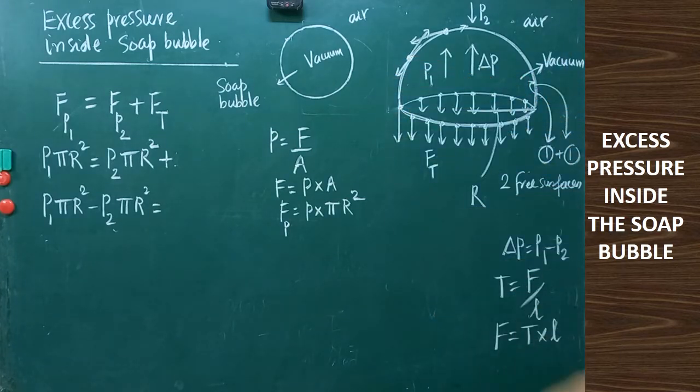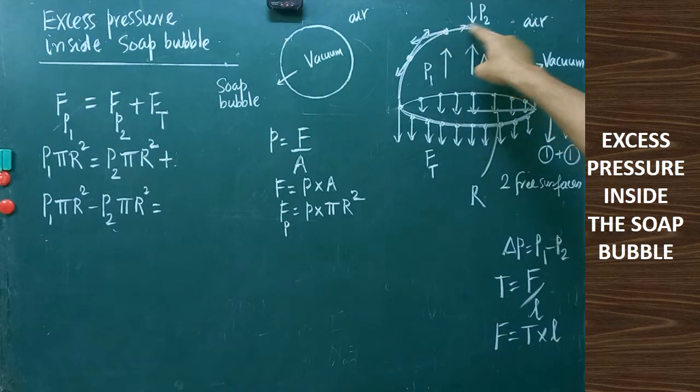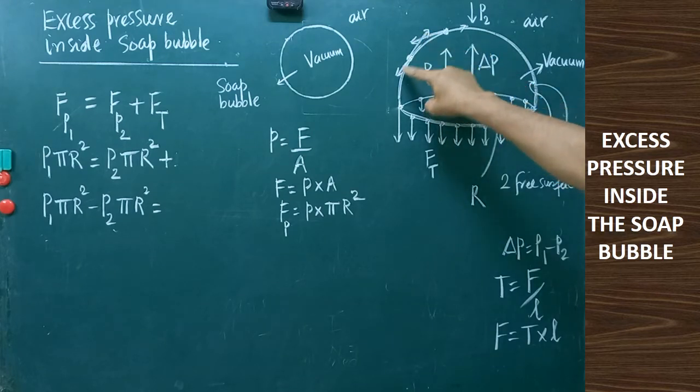The soap bubble is to be split into 2 hemispheres. So these are all the molecules, the liquid molecules present on the surface. On each molecule, the tangential force due to surface tension is acting. These are all the directions of the force due to surface tension.